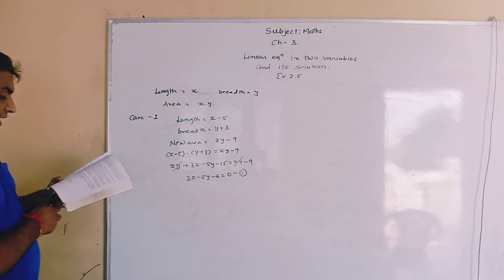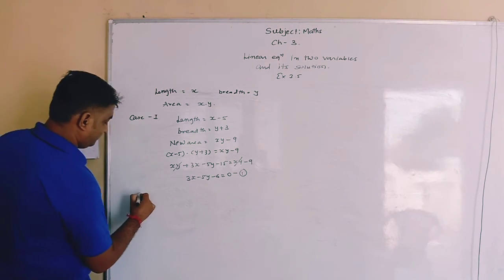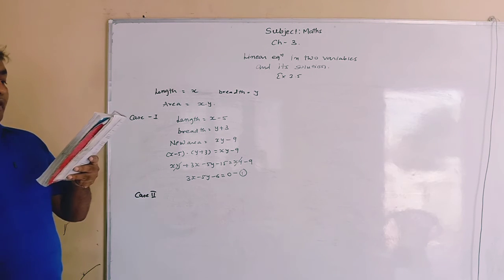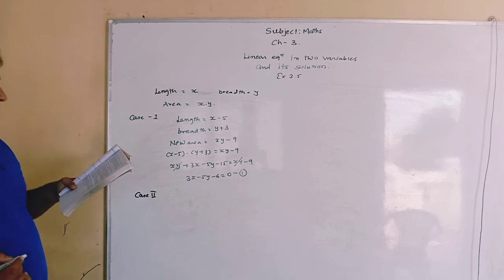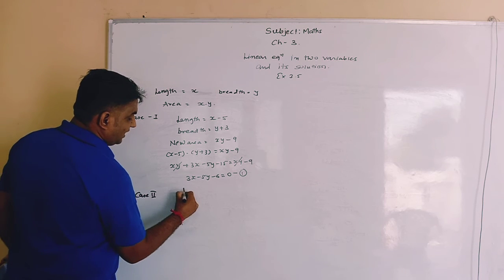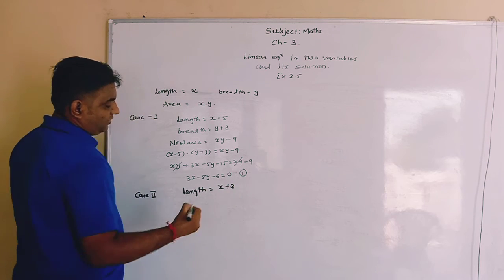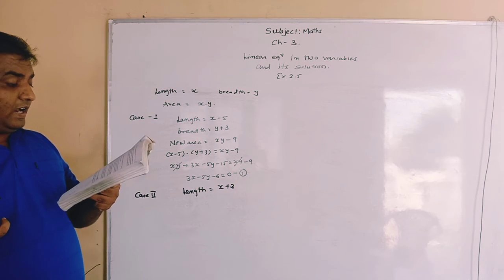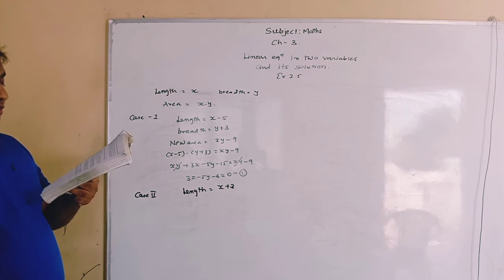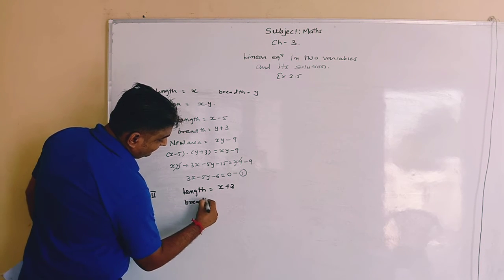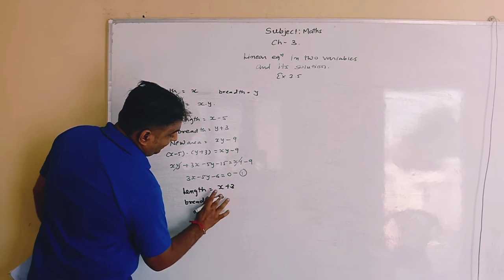Now for the second case we are given that the length is increased by 3 units, so in the second case the length is x plus 3 units and the breadth by 2 units. So the breadth is y plus 2.